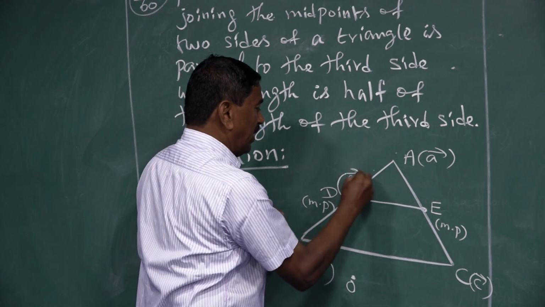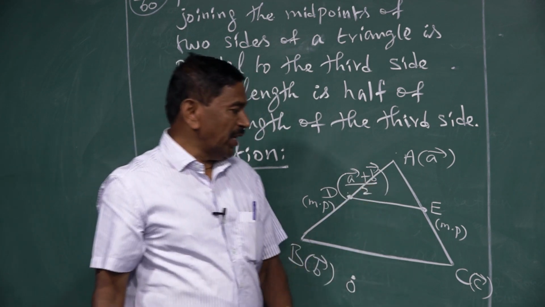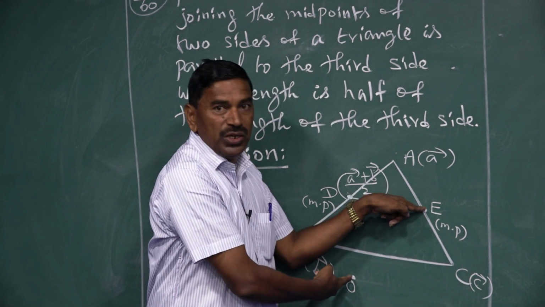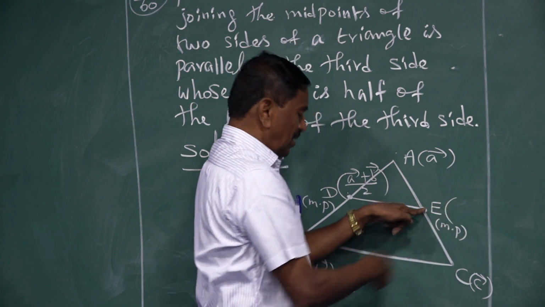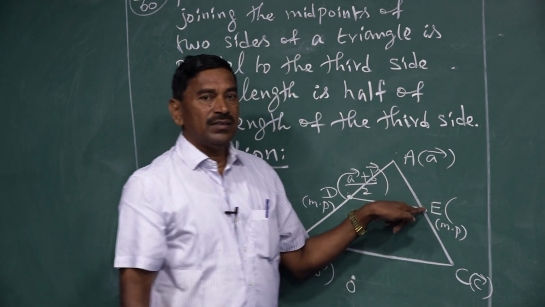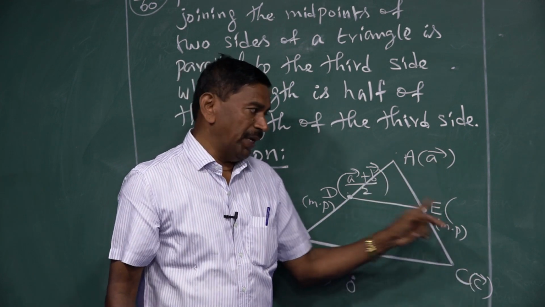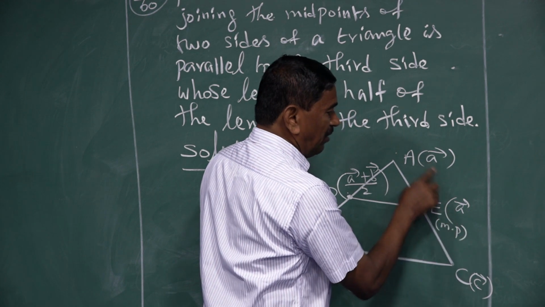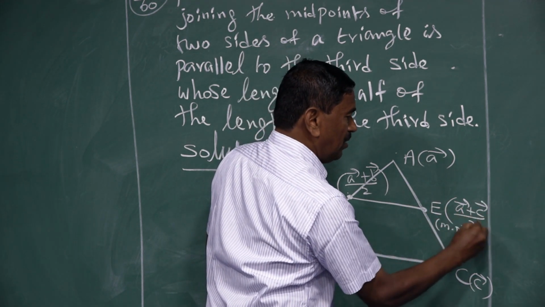Similarly, the position vector of E with respect to origin O? Yes. OE vector is equal to a vector plus c vector by 2.